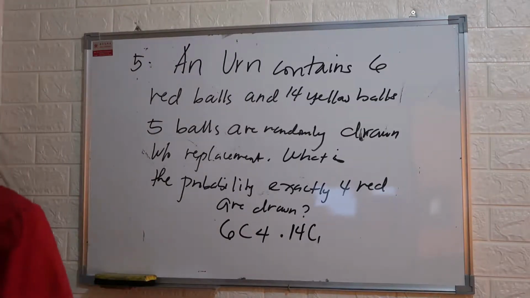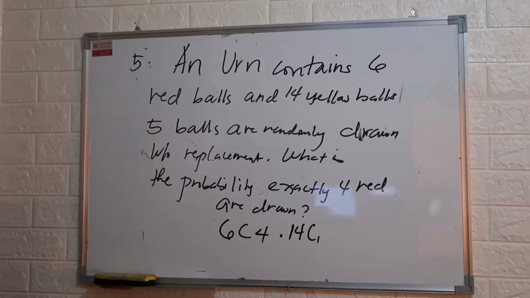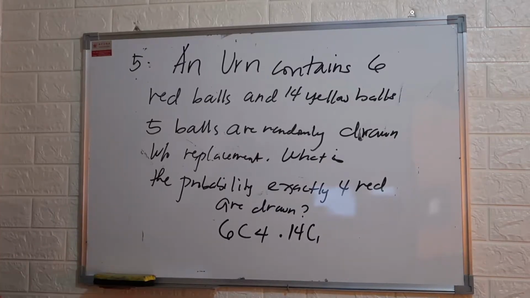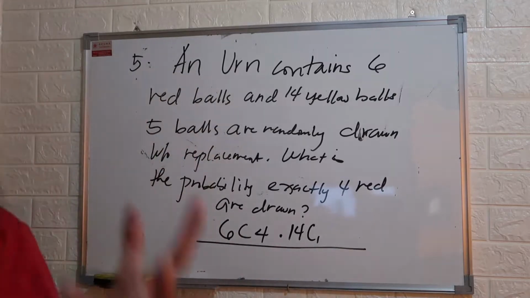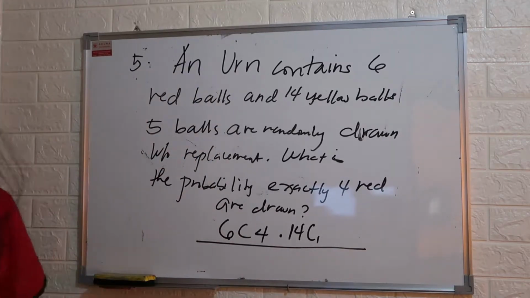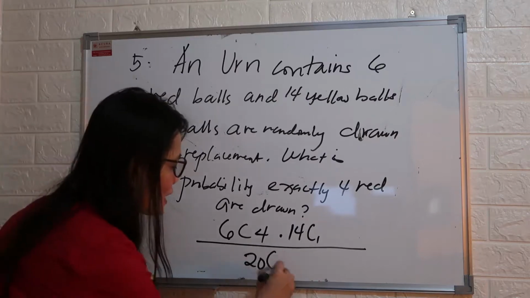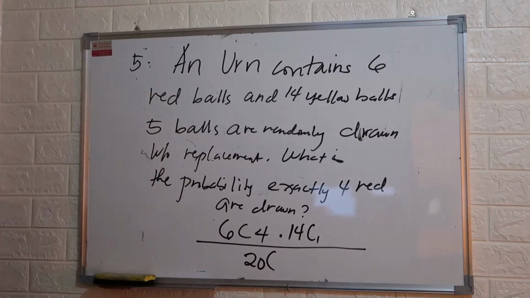Because only 4 can be drawn from the red balls, so 1 should be drawn from the yellow ones, because the total that we need is 5. All over what? What's the totality? 20. So we have 20 taken 5. Very good.